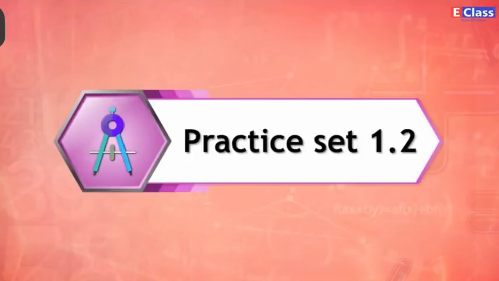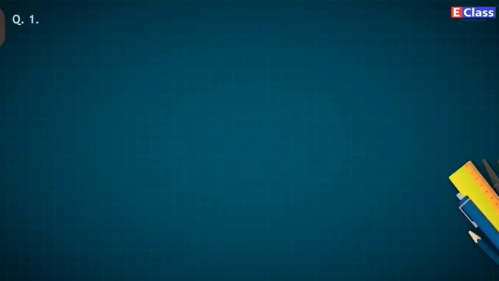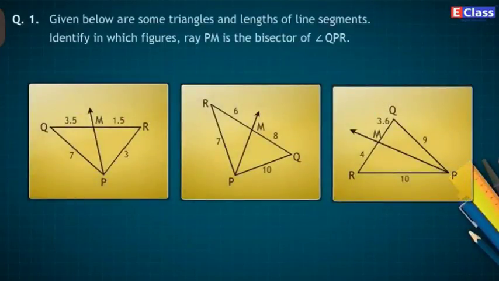Now let's solve practice set 1.2. Question number 1. Given below are some triangles and lengths of line segments. Identify in which figures ray PM is the bisector of angle QPR.